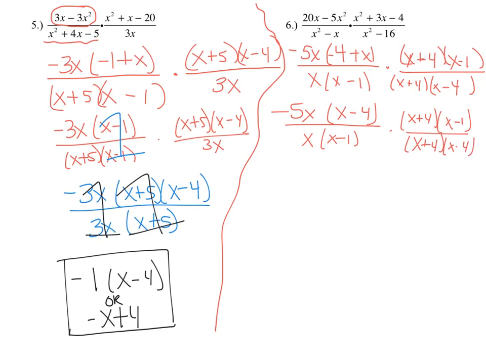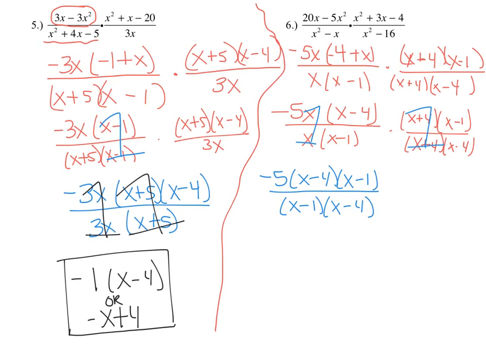In the second fraction, you see x plus 4 being divided by x plus 4, so those divide out. In the first fraction, you have x being divided by x, so that divides out. So if we multiply the tops, we've got negative 5 times the x minus 4 times x minus 1. In the denominator, you're left with x minus 1 times x minus 4.